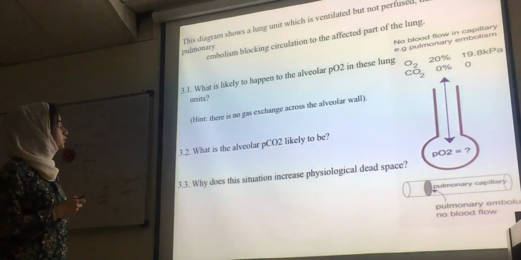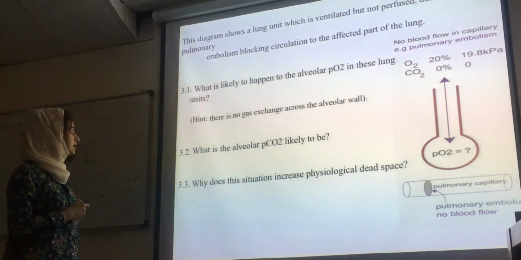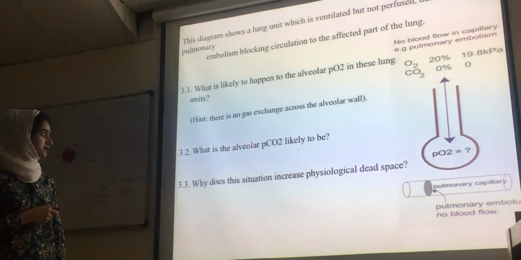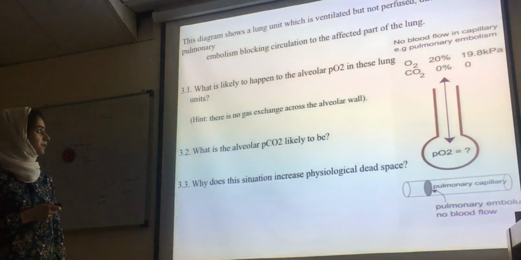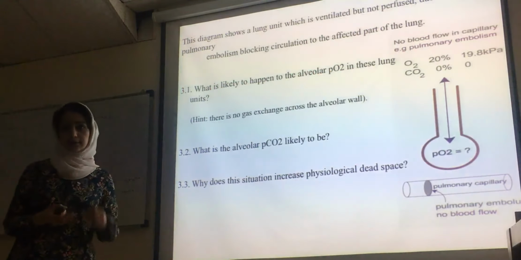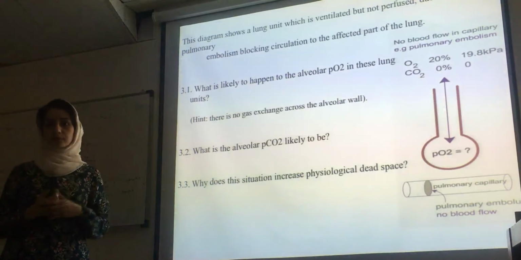What is likely to happen to the alveolar PO2 in these lung units? And what is the alveolar PCO2 likely to be? First of all, what is likely to happen to the alveolar PO2 in these lung units that have obstruction of the blood flow?